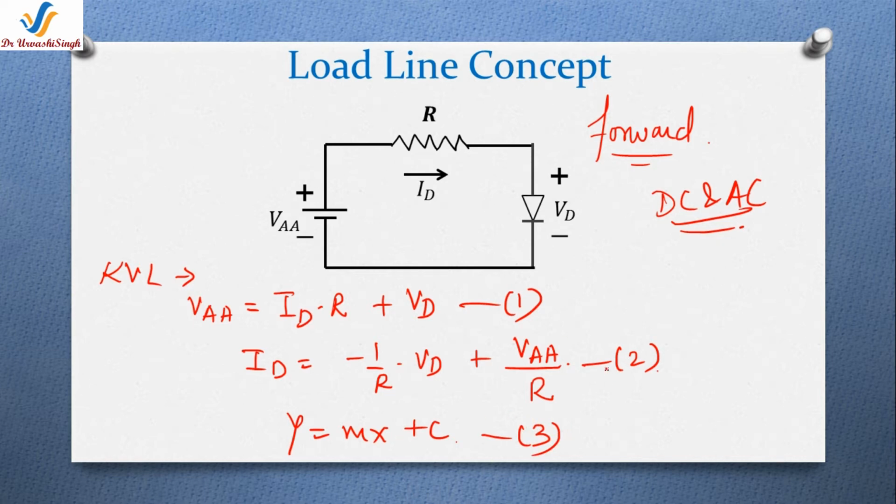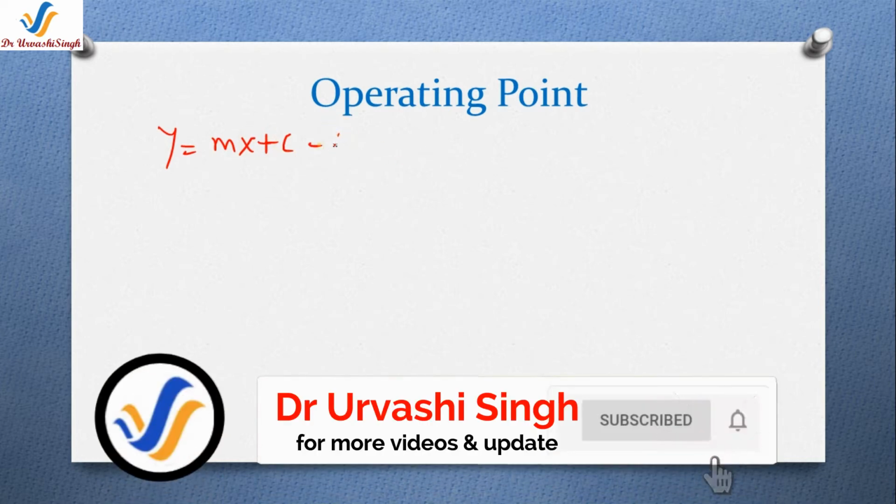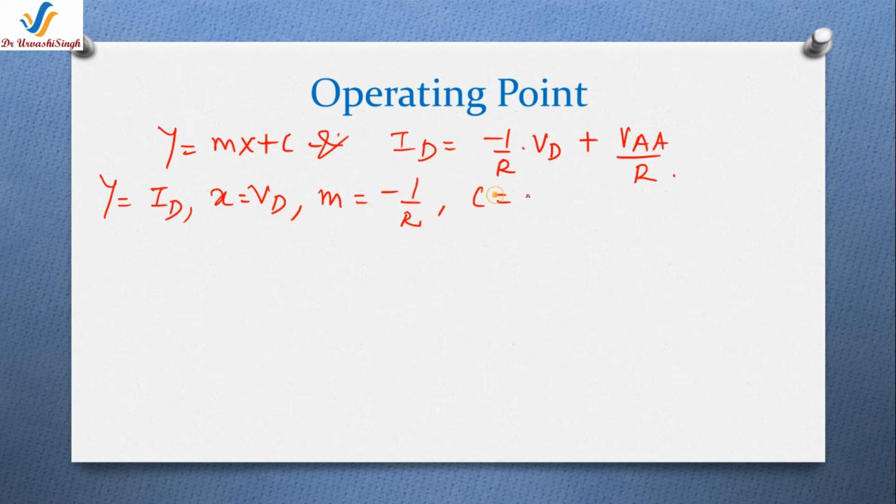Now comparing equation 2 and 3, y is equal to mx plus c, and the diode current is equal to minus 1 upon R VD plus VAA upon R. So comparing these two equations, the y-axis will be the diode current, the x-axis will be the diode voltage, the slope of this load line is defined by the resistance, and the constant factor is VAA upon R.